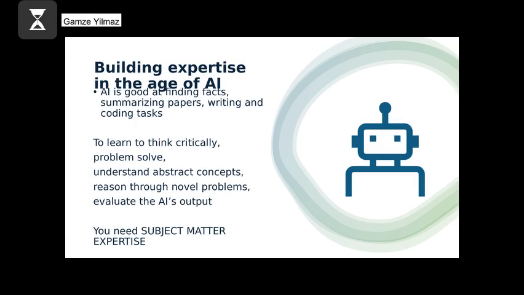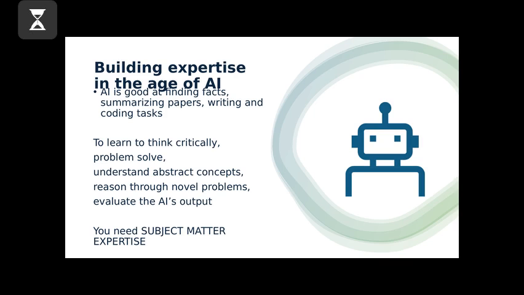In his chapter entitled AI as a Coach, Mollick makes the argument that building expertise in the age of AI will be different from the way we built expertise in the past, because we now have access to information very quickly thanks to AI, right? We know that AI is good at finding facts, summarizing papers, writing, or coding tasks.